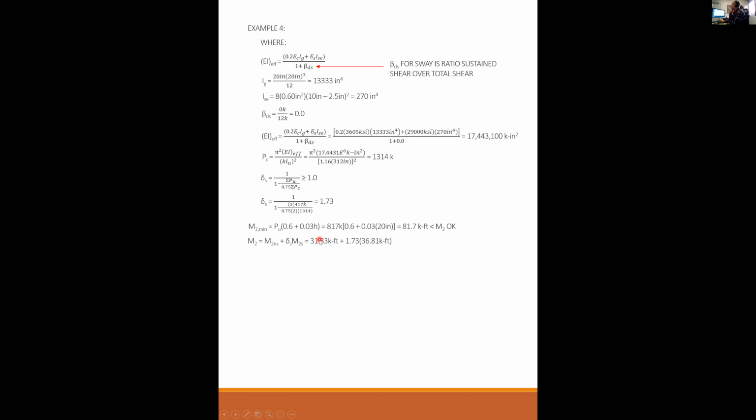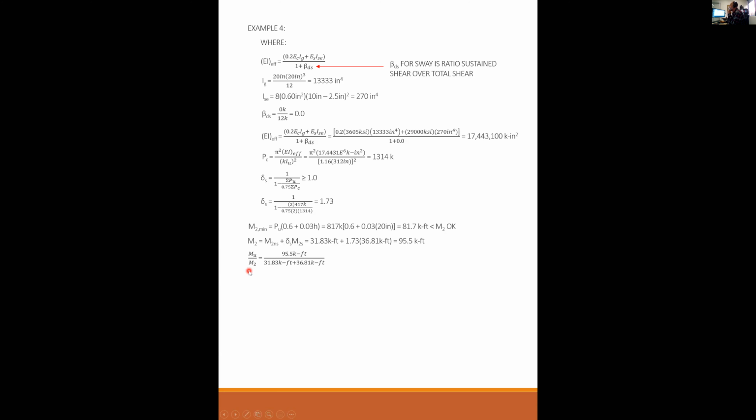So these numbers come from, remember I said, remember those moment diagrams? These numbers come from those moment diagrams. 31.83 was for the gravity portion, and then the 36.81 came from the sway portion, and that gets magnified by 1.73 for a total of 95.5 kip feet.